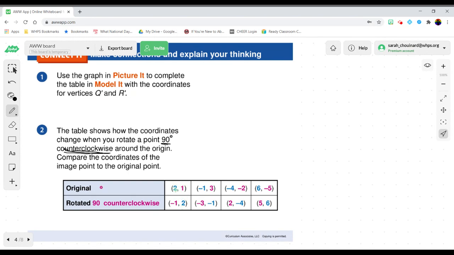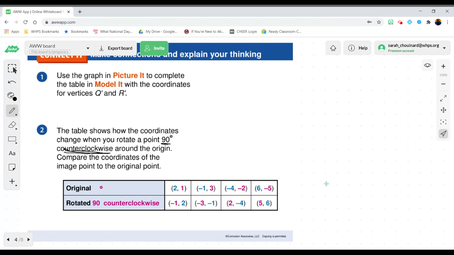I started at 2, 1, and I ended up at -1, 2. So far I'm noticing the numbers are similar. -1, 3 ended up at -3, -1. -4, -2 ended up at 2, -4. And 6, -5 ended up at 5, 6.